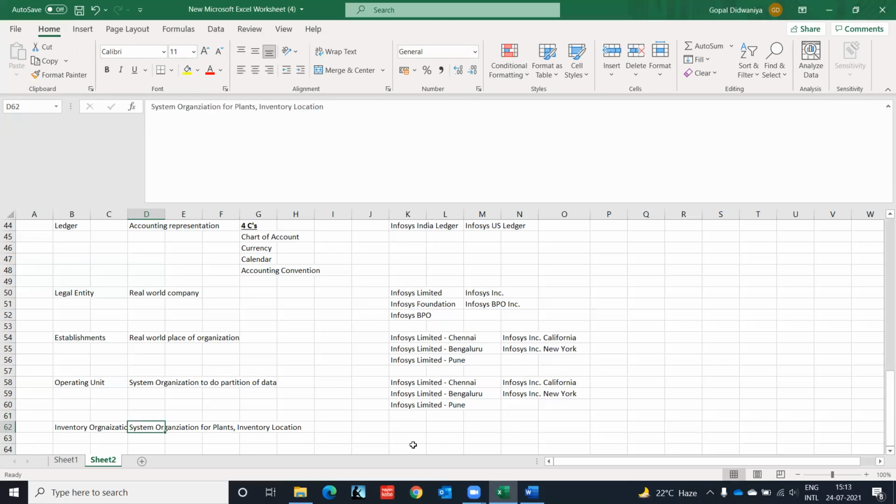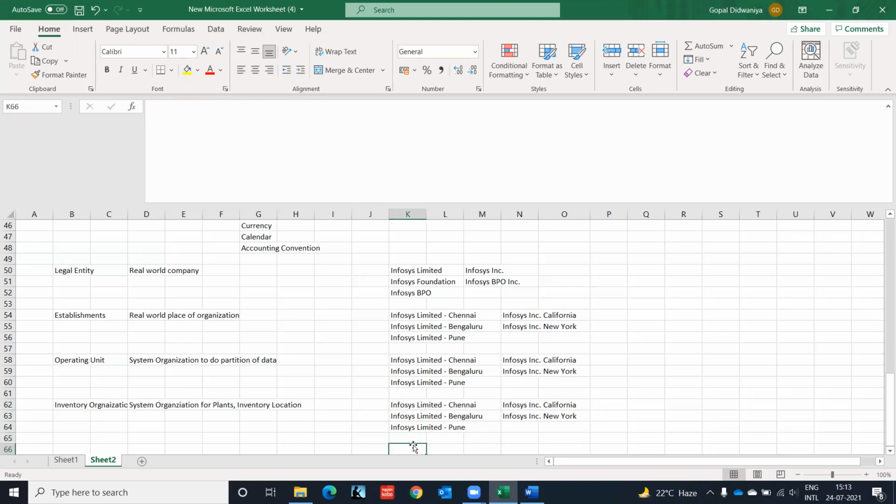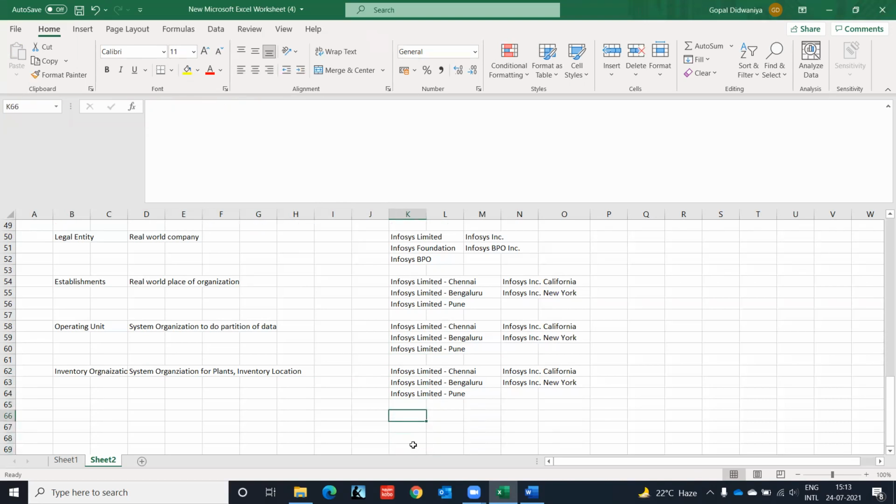Even if you are into a service organization and you don't have anything related to plant and inventory, you still have to create this organization with some default values which will not be used in future. That is just for setting up. Okay. So here we can do the setup for each differently, and there is a possibility you can manage with just one organization for all the operating units.